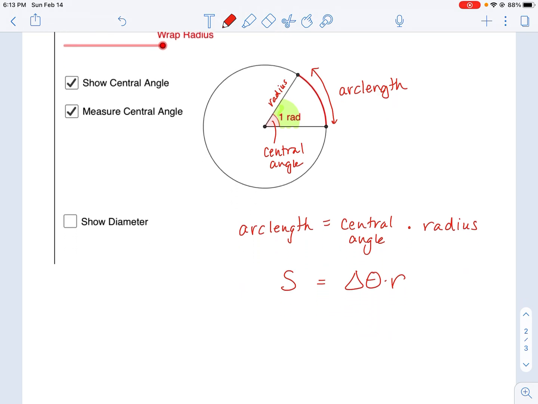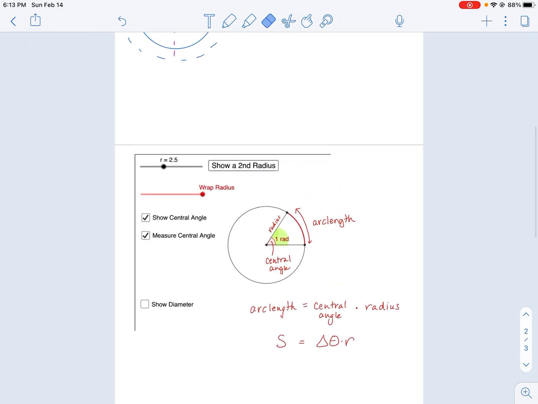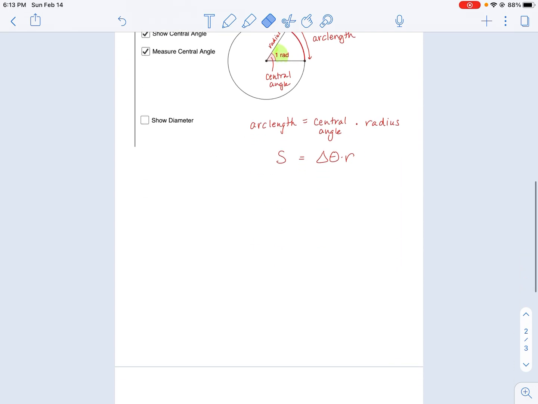So hopefully this makes sense that 1 radian is actually 1 radian of angle measure per radius. So let's look at an example here.